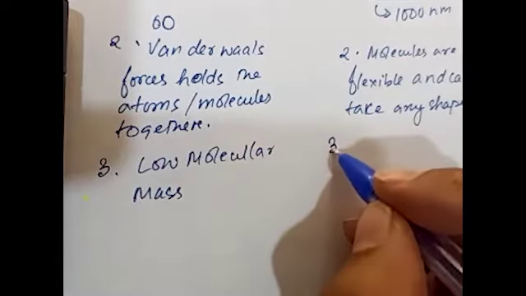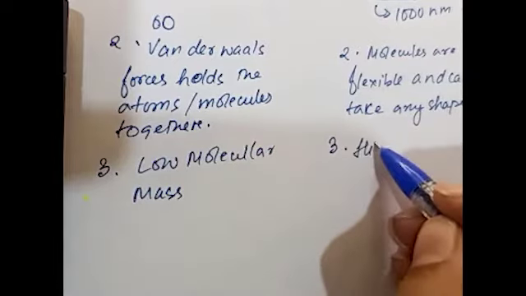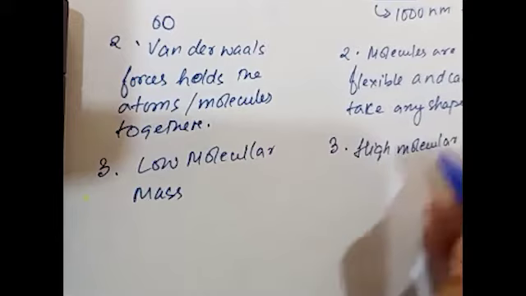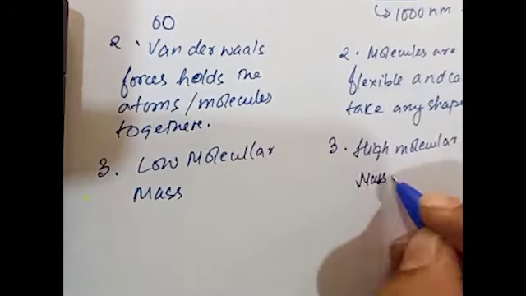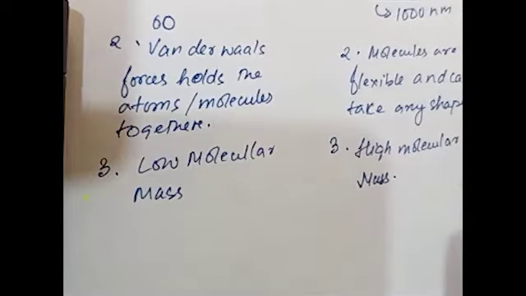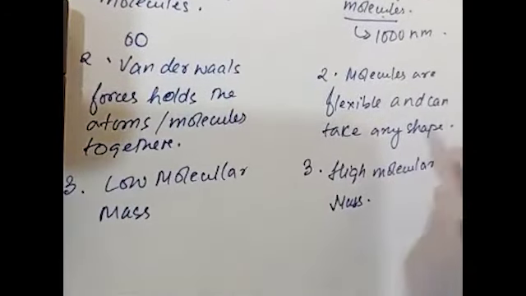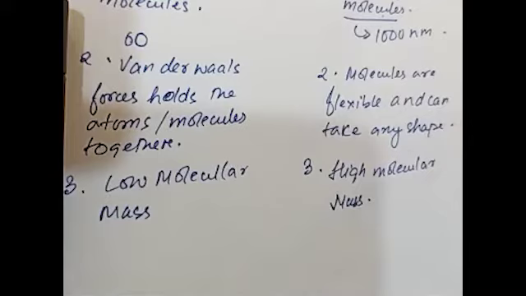And here it will be high molecular mass. Low molecular mass and high molecular mass. In the case of macromolecules, because they are big size molecules, they have to be a little bit heavier.